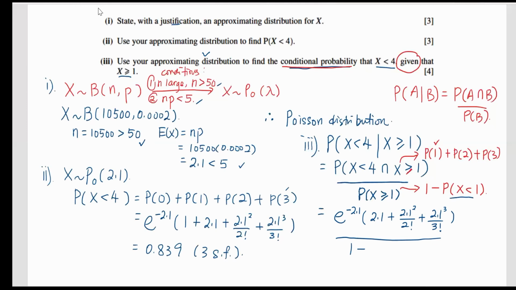There is only one value, which is X equals 0. So it's e to the power of negative 2.1. All right, so using the calculator, we can find the probability to be 0.816, rounded off to 3 SF. Okay, so that is the probability for part 3.